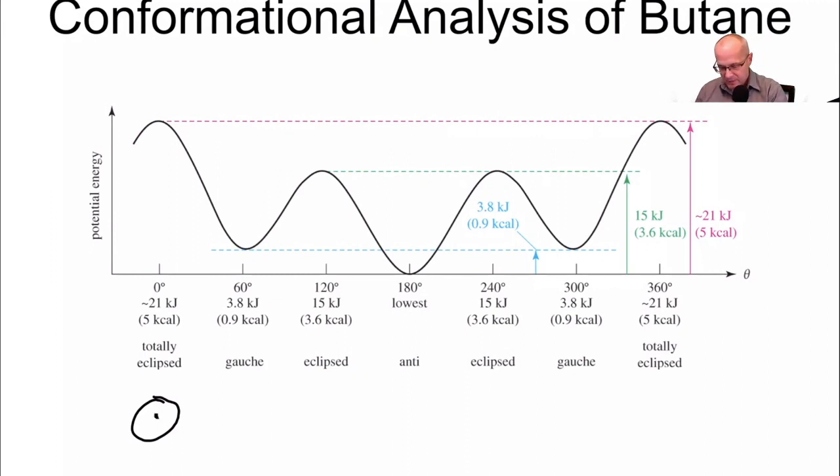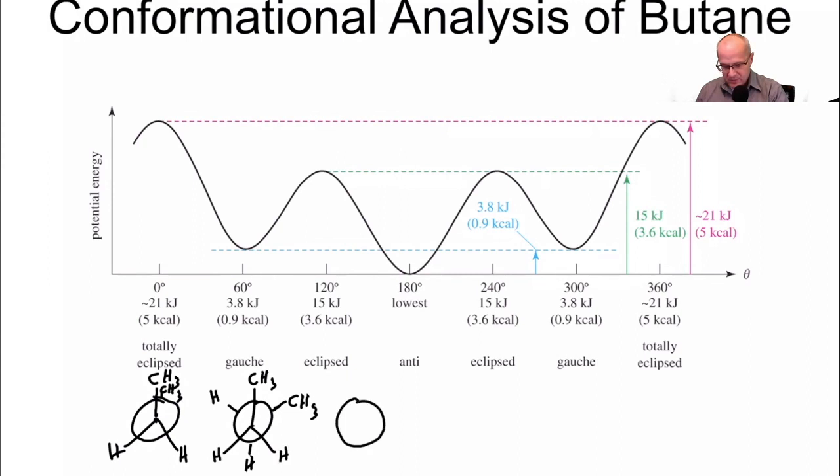Let me just hammer out these Newman projections real fast. Gauche. Remember, gauche is where the large groups are 60 degrees from each other. And then back to eclipse, but not totally eclipsed, right? Because totally eclipsed was the big groups on top of each other. Here the small groups and the big groups are eclipsing.